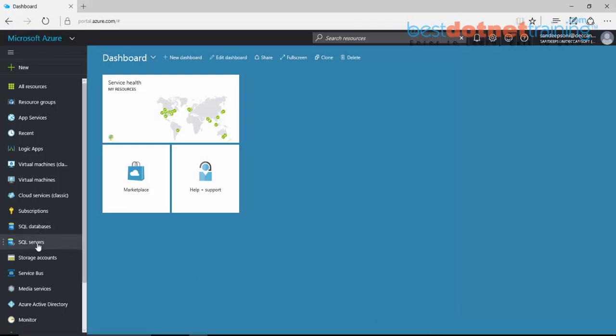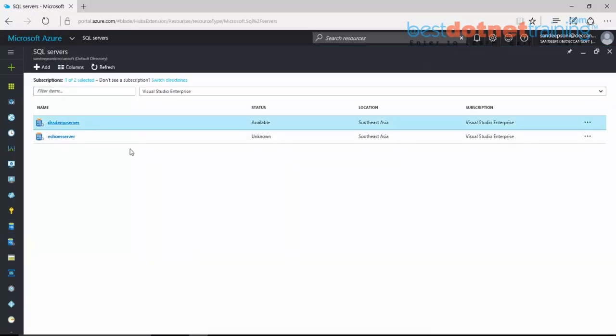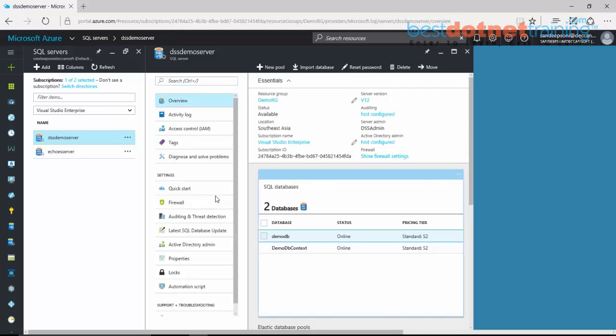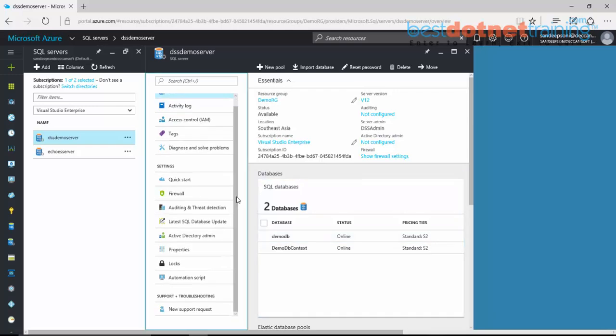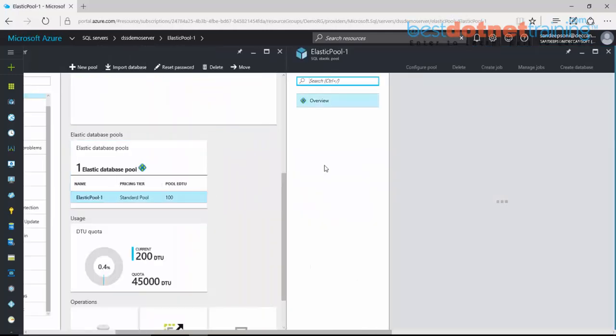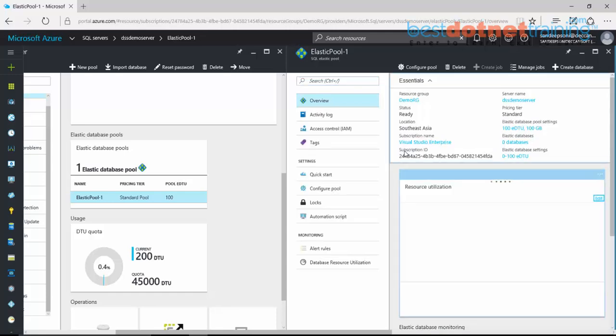Done. Now, go to the server. Have the option of elastic pool. Here, click on the elastic pool, and then we can add databases to it.